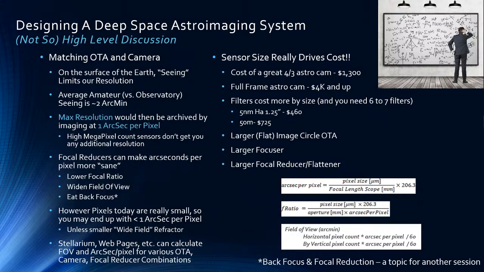So you're going to spend more on the OTA. You're going to need a larger focuser. If you're using a focal reducer, you're going to need a larger focal reducer flattener, and you're going to need larger filters. So all of those things are driven by the size of the sensor. So that's something to keep in mind. Now, of course, the flip side is you get a huge field of view, and it means you can image more without doing mosaics or what have you.